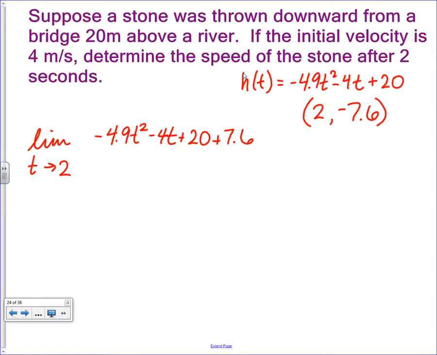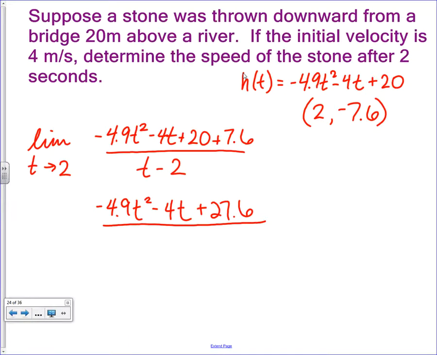Is everybody all right with me turning that into a plus, minus a minus? All over t minus 2. Combine your like terms, and you should get 27.6 over t minus 2.